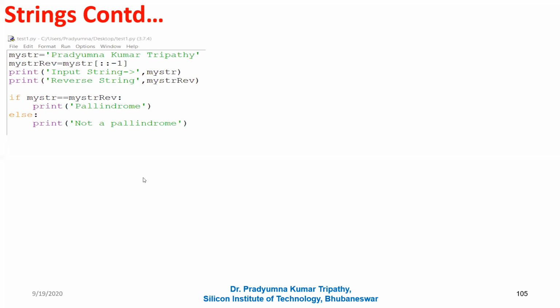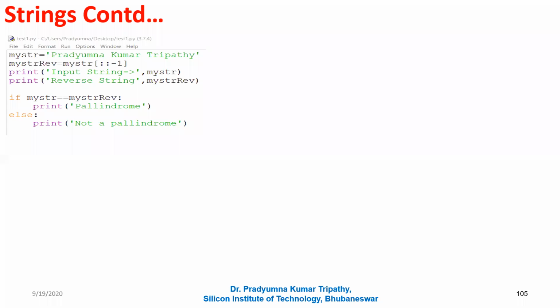Correct? So to reverse a string, you could have to use a lot of lines to write the code. Or even if you use the strrev function in C language, you still need to include a header file that will take much space, you know. And again, you have a function call. No function call over here.